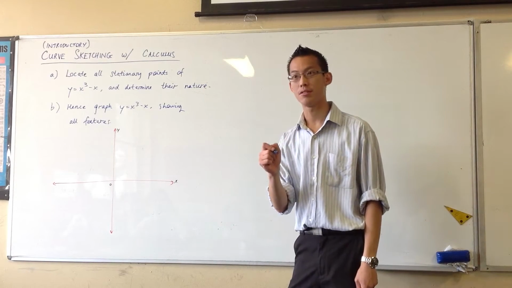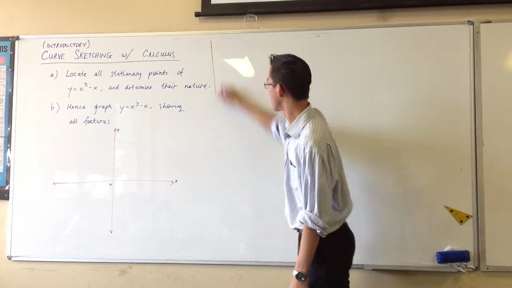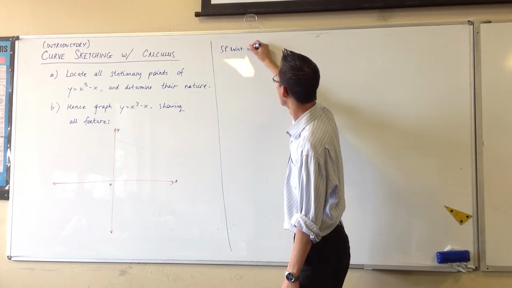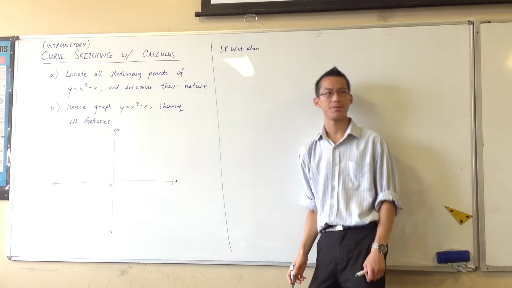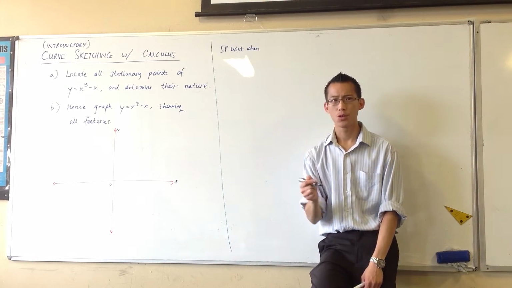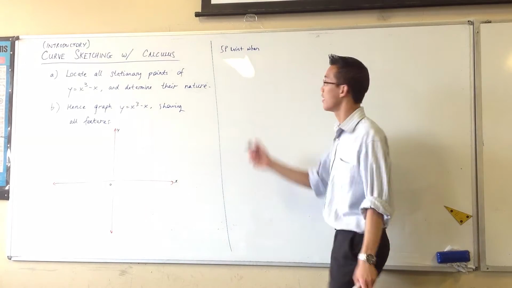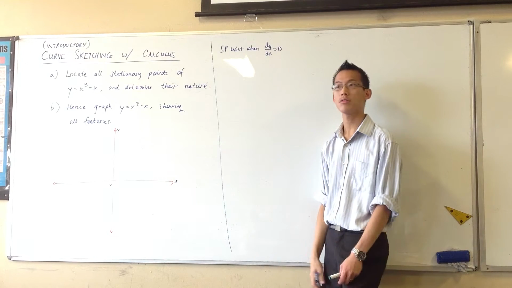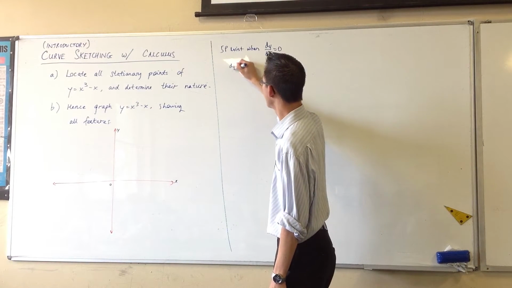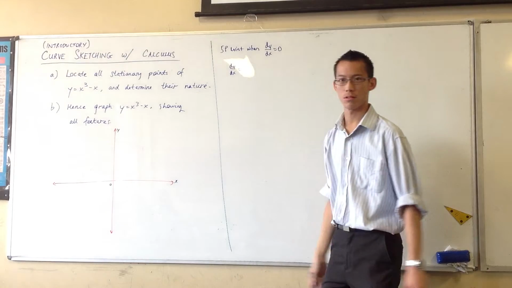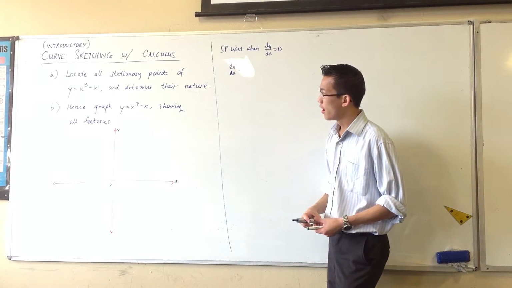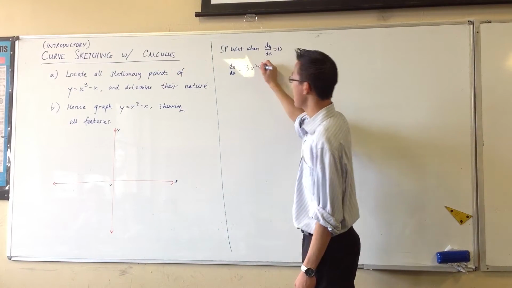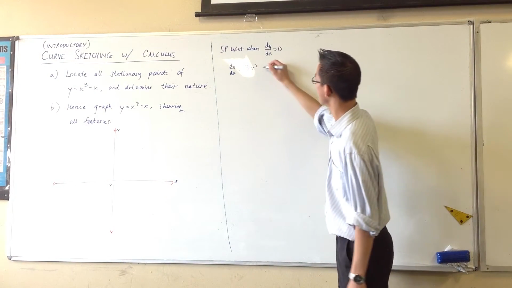So stationary points, you remember, they occur when, stationary points exist when, what was our condition? Good, so I need to find dy/dx, right? And then, once I've got it, I can solve for when it's equal to 0. So in this case, dy/dx is equal to, well, look at it, it's not that hard to work with. x cubed turns into 3x squared, and that x on the end will just turn into 1.